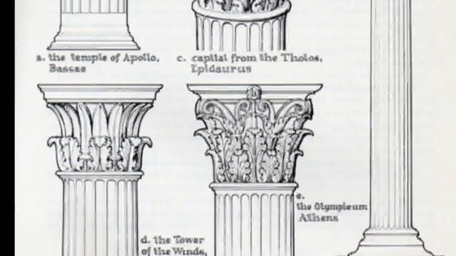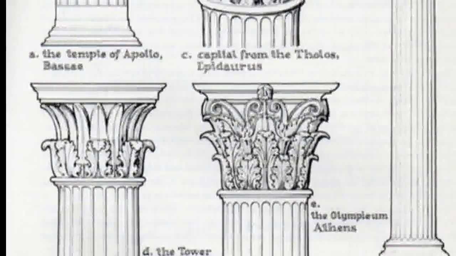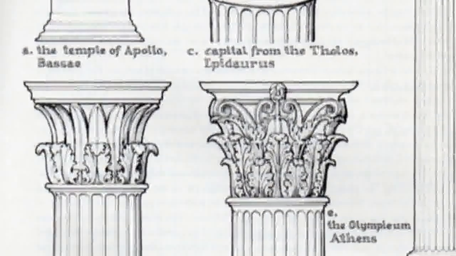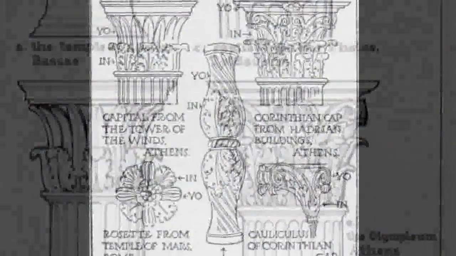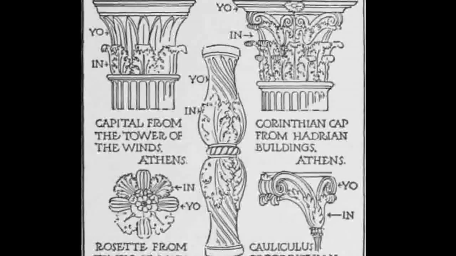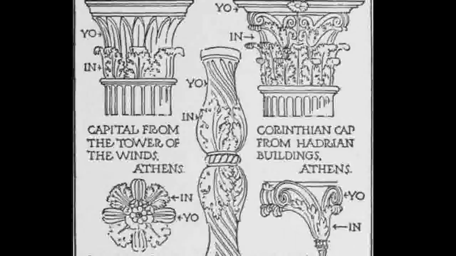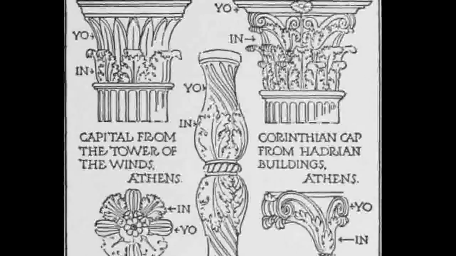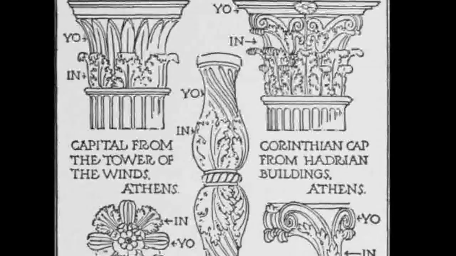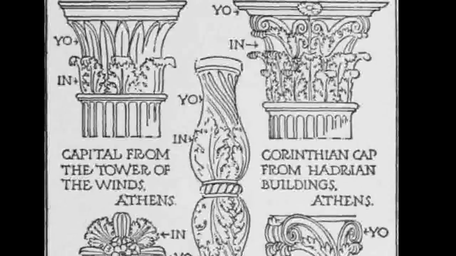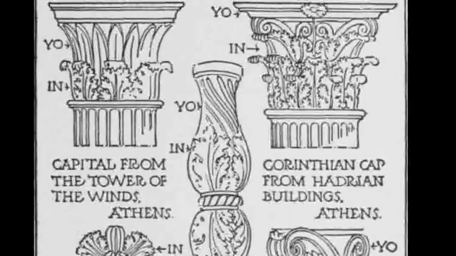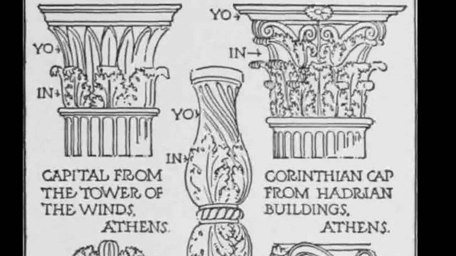On the left hand side we see the Tower of the Winds Corinthian. On the right hand side, the more traditional Corinthian style, such as seen in the Choragic Monument or the Temple of Olympian Zeus, such as Hadrian's buildings. Again, on the left, Tower of the Winds. On the right, the more conventional Corinthian style of architecture.